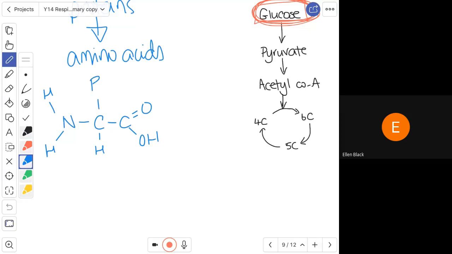So hopefully that looks a little bit familiar. The R group, that could be CH2OH, it could be CH3, there's any sort of number of things.